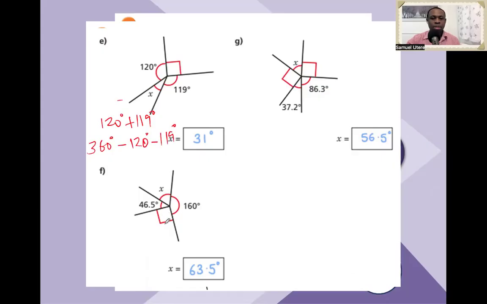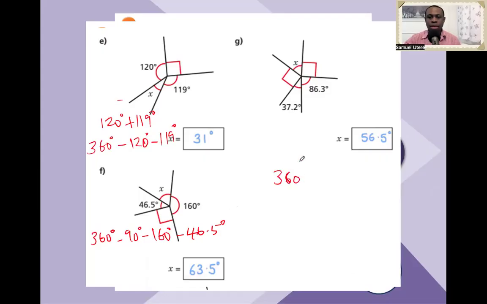This one, we know this is 90 degrees. So we're going to do 360 degrees minus 90 degrees minus 160 degrees minus 46.5 degrees to give us this answer. For this one, we're going to do 360 degrees.